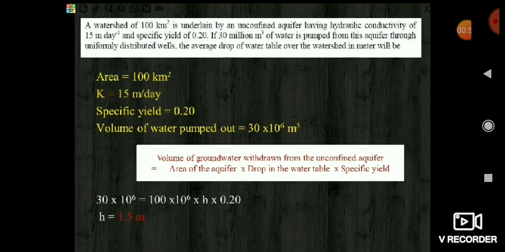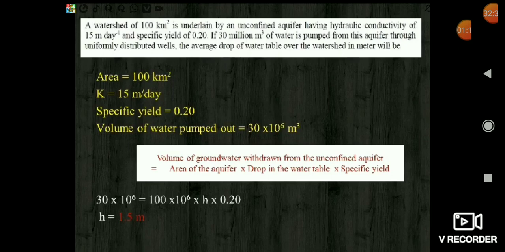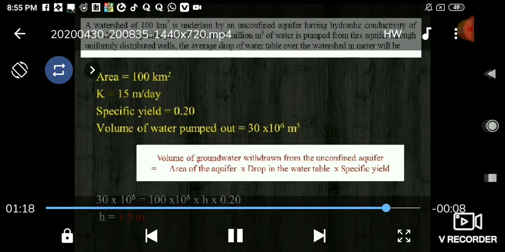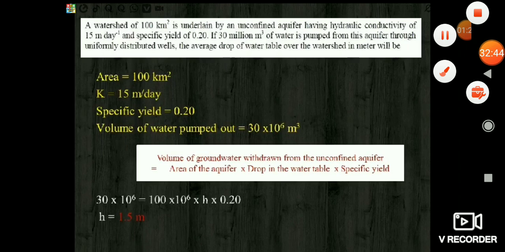So in this question it is given that 30 million meter cube of water is pumped out, means extracted water, and the specific yield is given and the area is given, and we have to calculate only the drop in water table level. So you should simply put that in the formula and calculate and get the value, that is H is equal to 1.5. You do the calculation, you can get the same value.